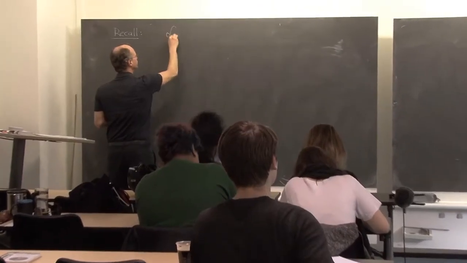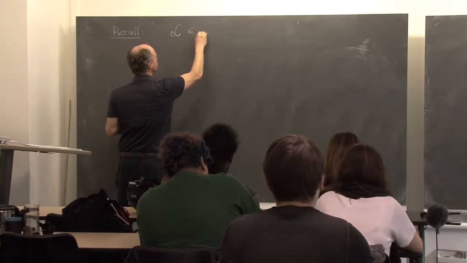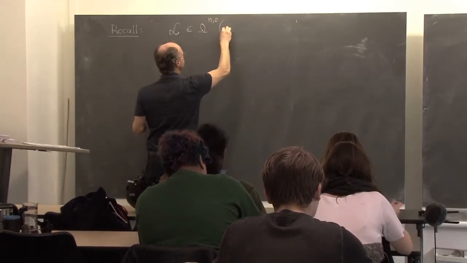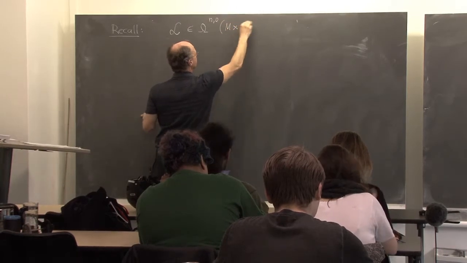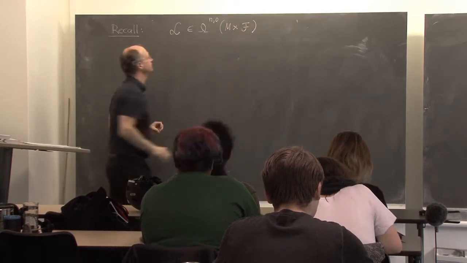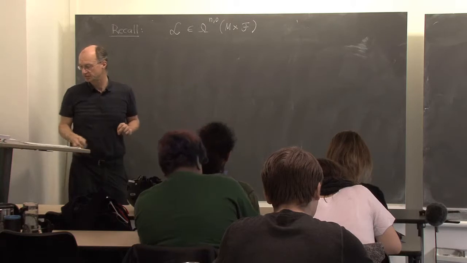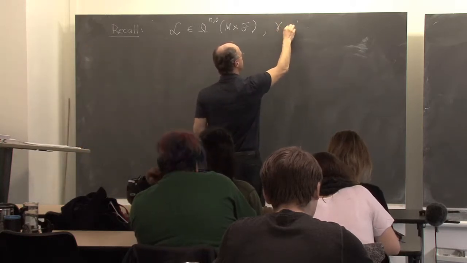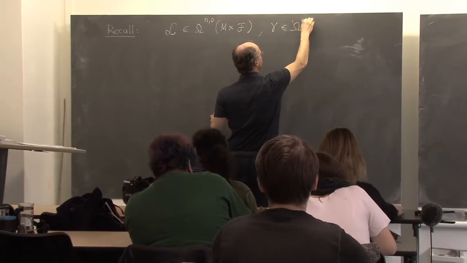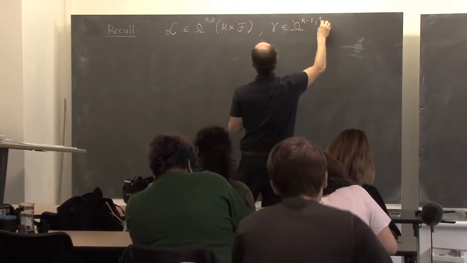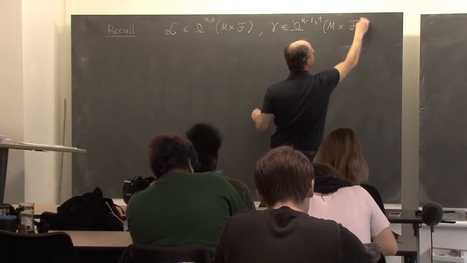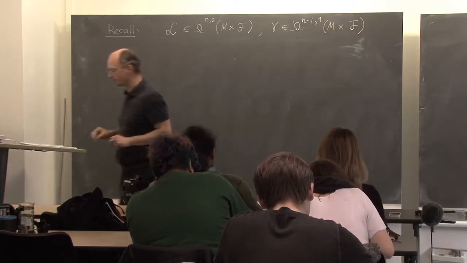So we have Lagrangians, which are n,0 forms on the product of the space-time and the space of fields. Then there are those variational forms, which are n-1 forms on the same space.